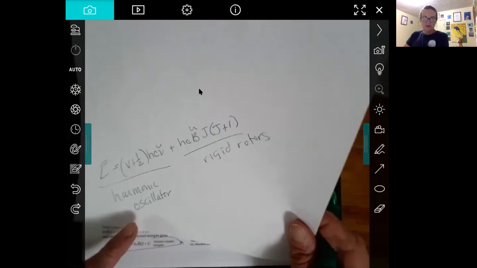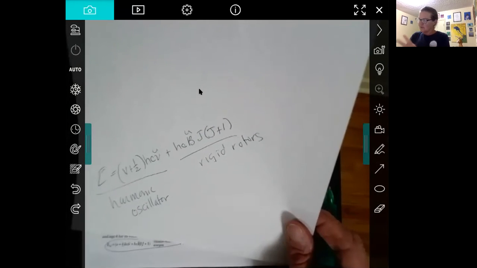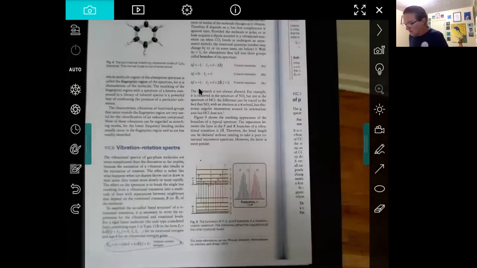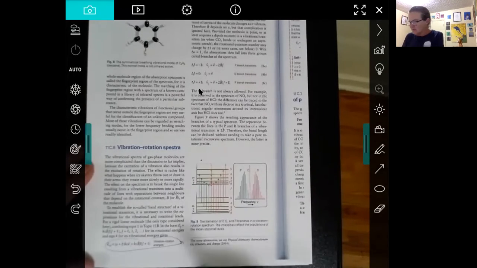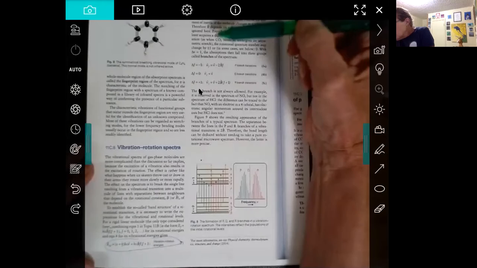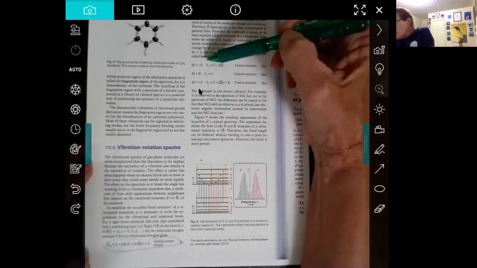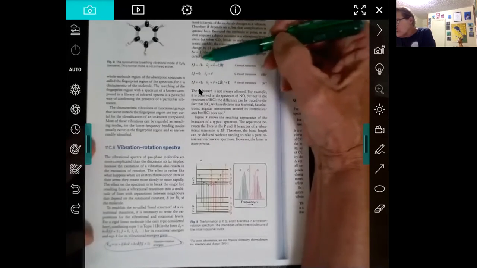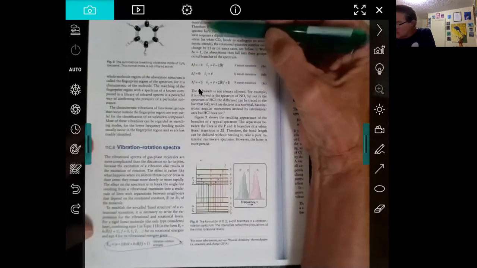So the equation is approximate because we know you have to make a correction for anharmonicity, and you also have to make a correction for centrifugal distortion. But to a first approximation, that's the equation that would tell you the energies. These aren't the selection rules, these are just where the locations will be.